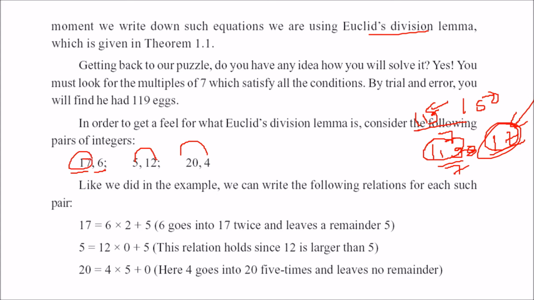17 can be written in the form of 6 into 2 plus 5. So 6 goes into 17 twice and gives remainder 5. Similarly, 5 can be written as 12 into 0 plus 5. 20 can be written as 4 into 5 plus 0.